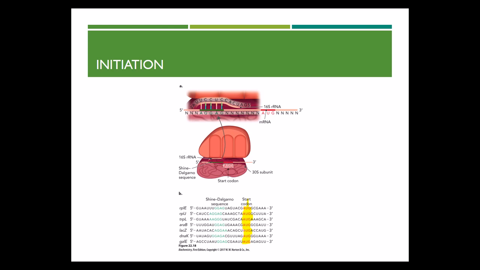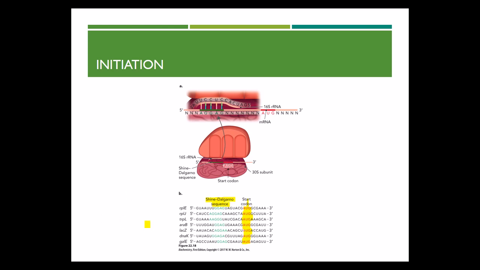In prokaryotic messenger RNAs, this initiation codon lies about 10 bases downstream of a conserved messenger RNA sequence called a Shine-Dalgarno sequence.